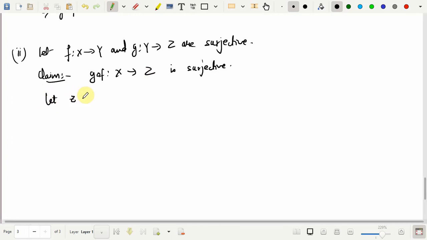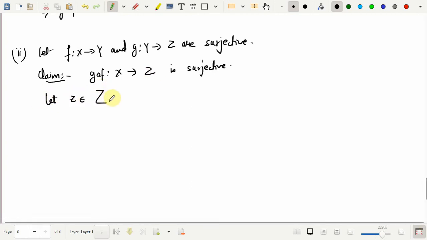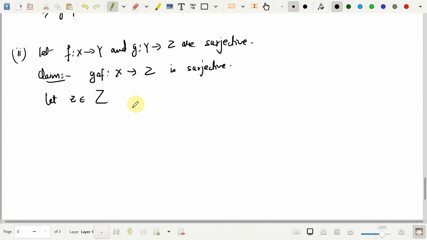This is any arbitrary point taken from the codomain Z, but we know that this Z is also the codomain for the function g, and g is given to be surjective. So definitely through g we can have a pre-image for this point z because it's surjective.